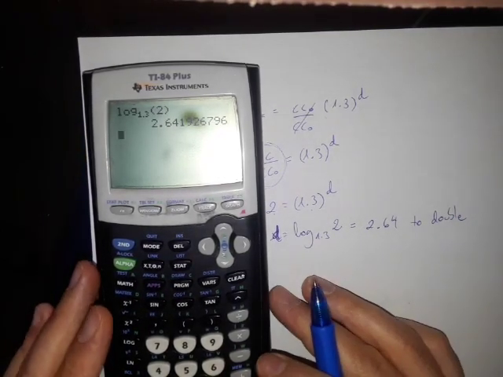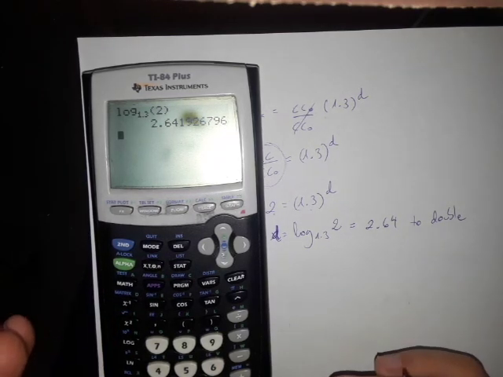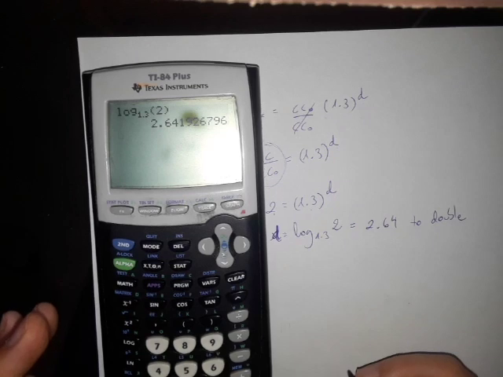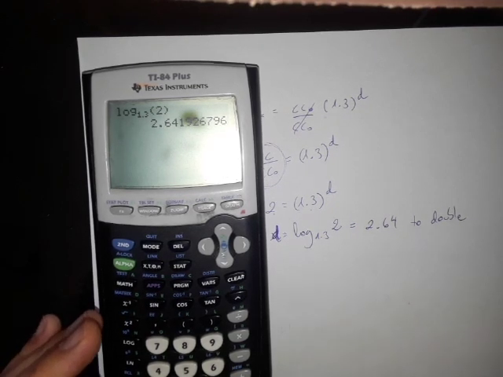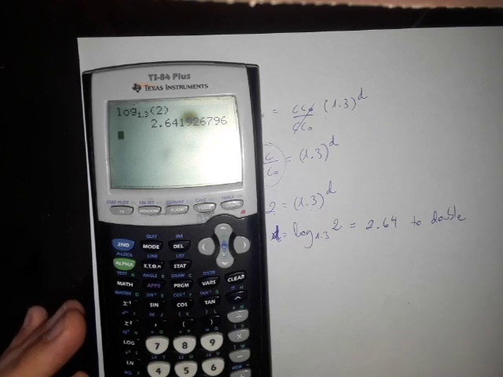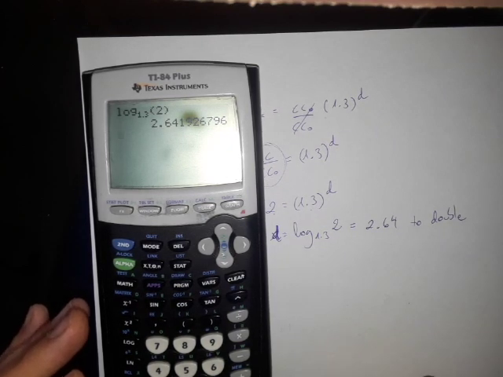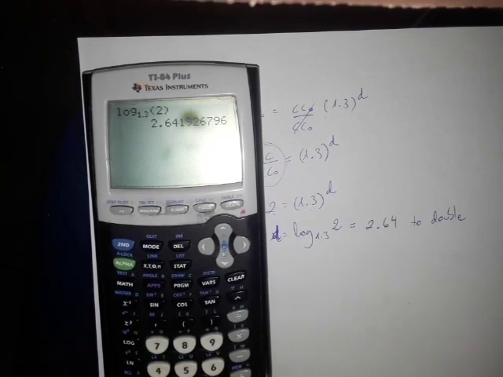That means that if we have 10,000 today, in 3 days we're going to have more than 20,000. And if we have 2 million, in less than 3 days we're going to have 4 million, right? So more than 4 million.